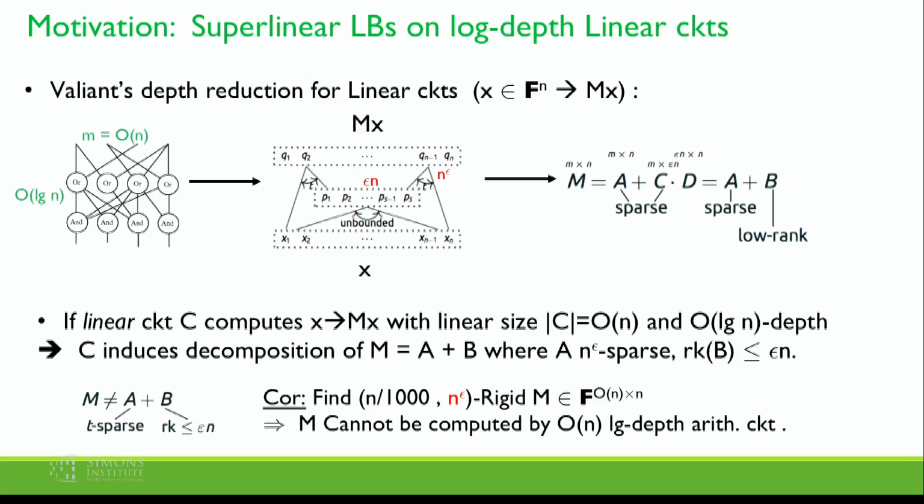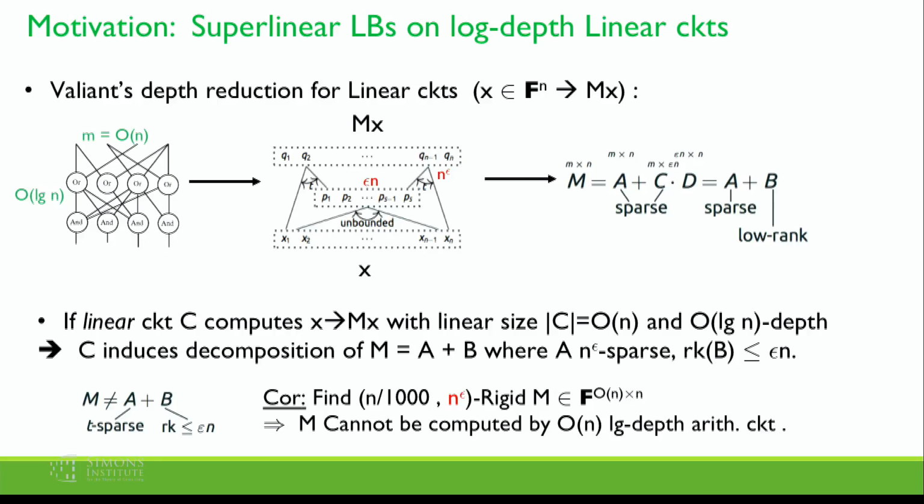And the corollary is that if we can find an explicit matrix such that reducing its rank from n to n over 1,000 requires modifying n to the 0.1 entries in some row of the matrix, then the contrapositive is that it cannot be computed by linear size log depth circuits.